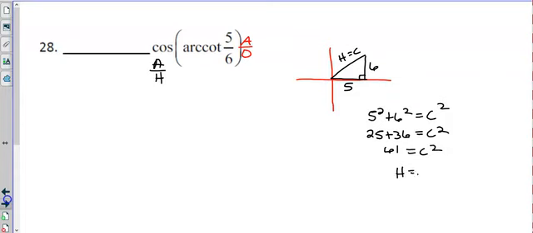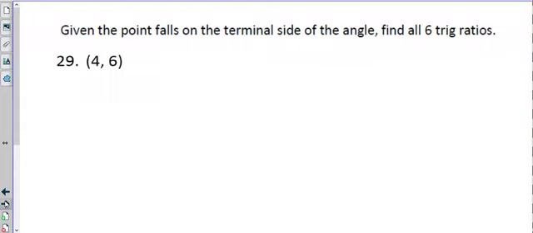So our hypotenuse ends up being the square root of 61. So adjacent over hypotenuse, 5 over square root of 61. Okay, moving on. These ones, more Pythagorean theorem. We end up with Pythagorean theorem basically from here on out.